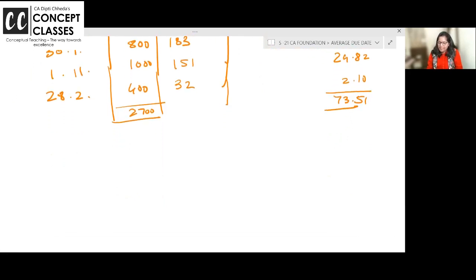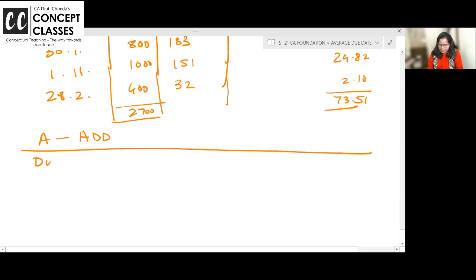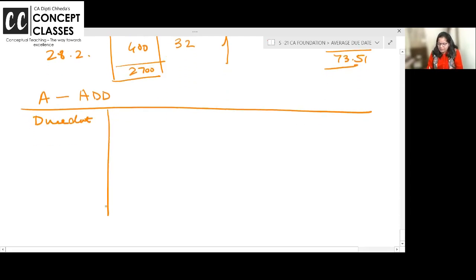And now for A, we can do average due date also. Now average due date method for A. Same. Due date: the date of the bill is the due date, because interest will start from the day you have done it. Amount. Number of days from the base date and product.